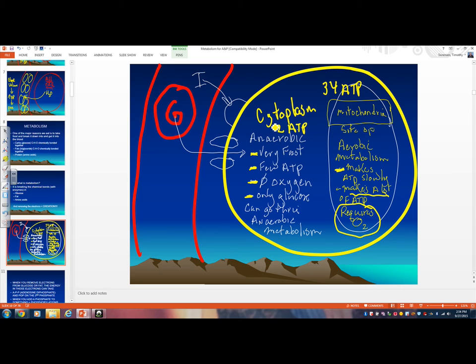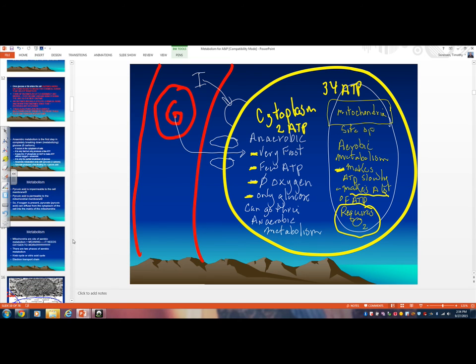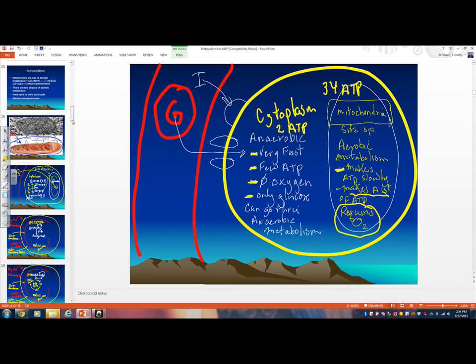So if you want to break something down, you want to do it aerobically because it's the best way to get the maximum amount of ATP out of that molecule of glucose. So what I'm going to do first is explain to you the pathway for anaerobic metabolism.